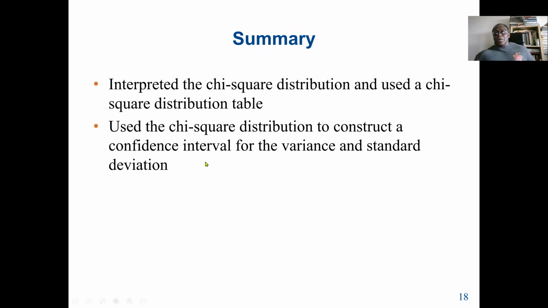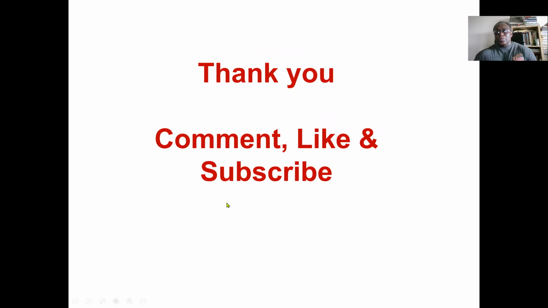So this is the summary of our lectures on confidence interval for both variance and standard deviation. In this lecture, we learned how to interpret the chi-square distribution and use the chi-square distribution table. We also used the chi-square distribution to construct the confidence interval for both the variance and the standard deviation.